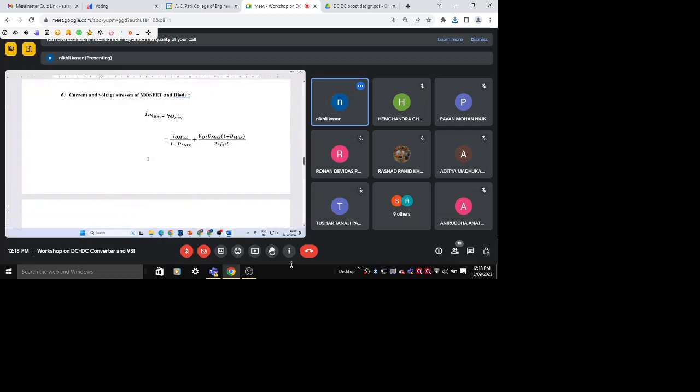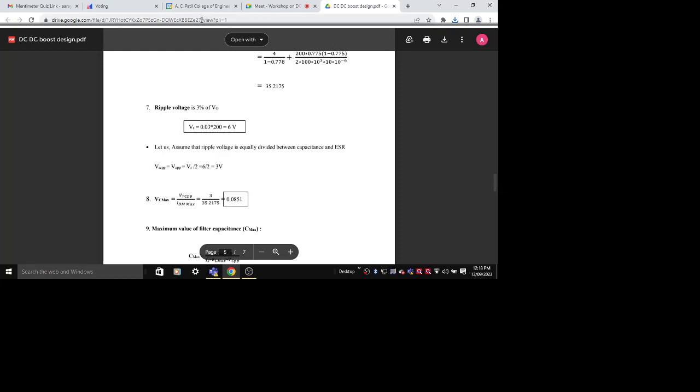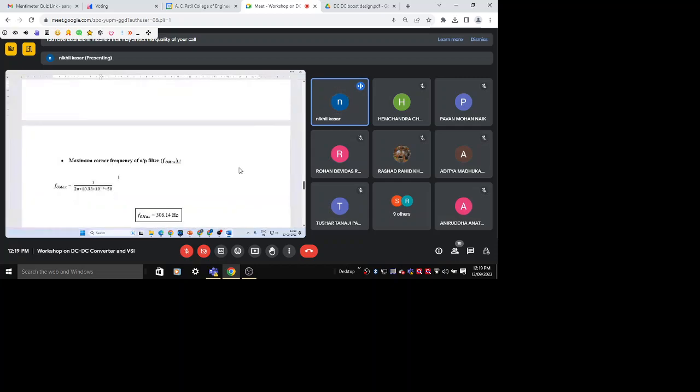Calculation of the corner frequency for the capacitor: this is 1 upon 2 pi f c, the capacitor is 10 to minus 6 multiplied by the frequency value, that is 50 hertz, not load resistance, that is frequency 50.